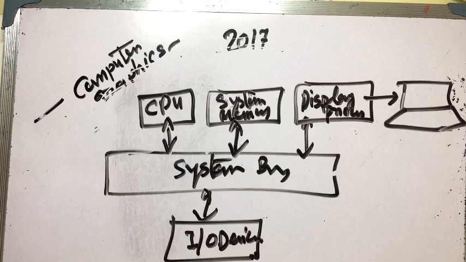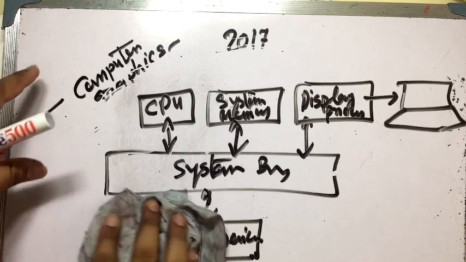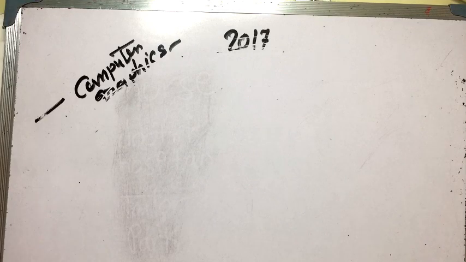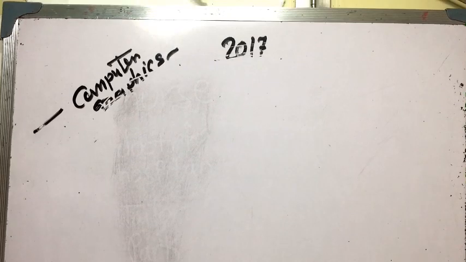Display processor is used to connect the system bus and the monitor or other standard output devices. Now display processor is the interpreter, or the converter of the digital signal from the CPU to the digital signal to the monitor.